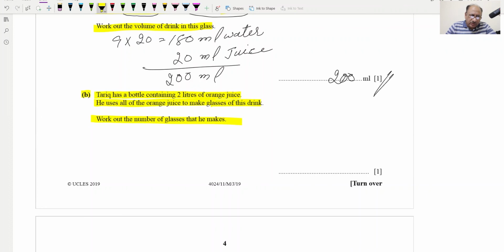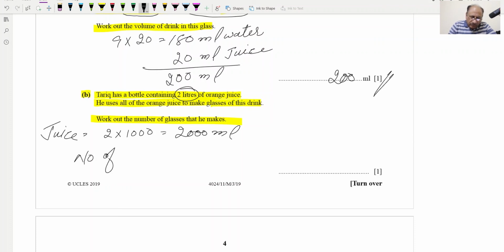So 2 liters will be 2000 milliliters, or we can say 2 into 1000. So it will be 2000 milliliters of juice. We can calculate the number of glasses.